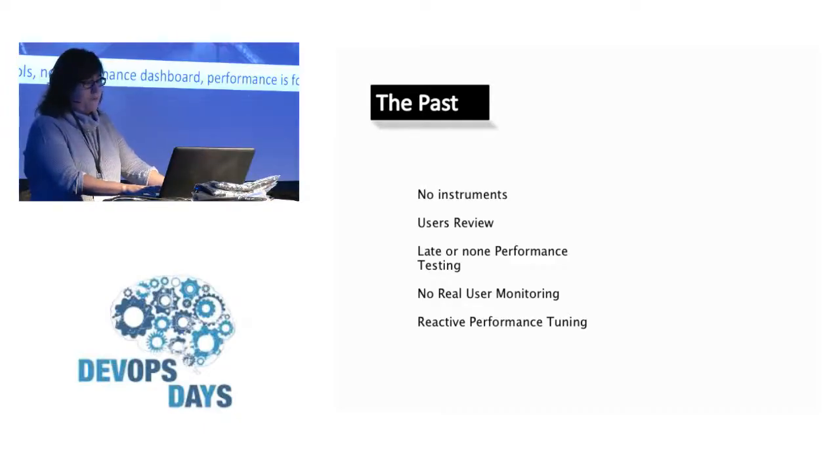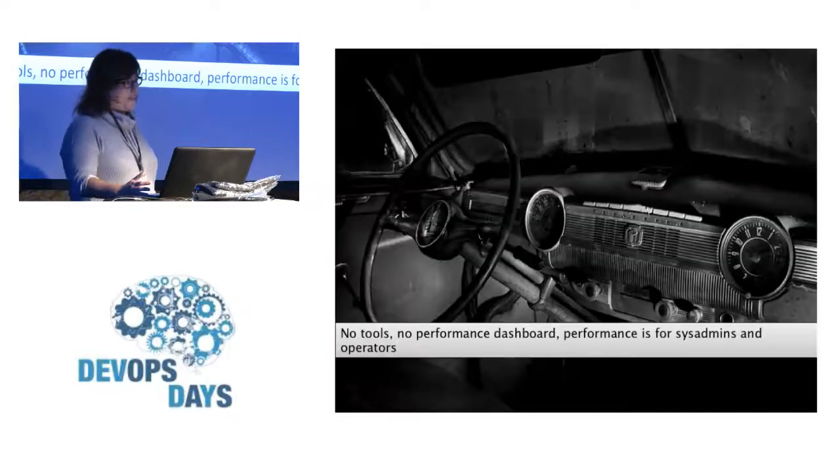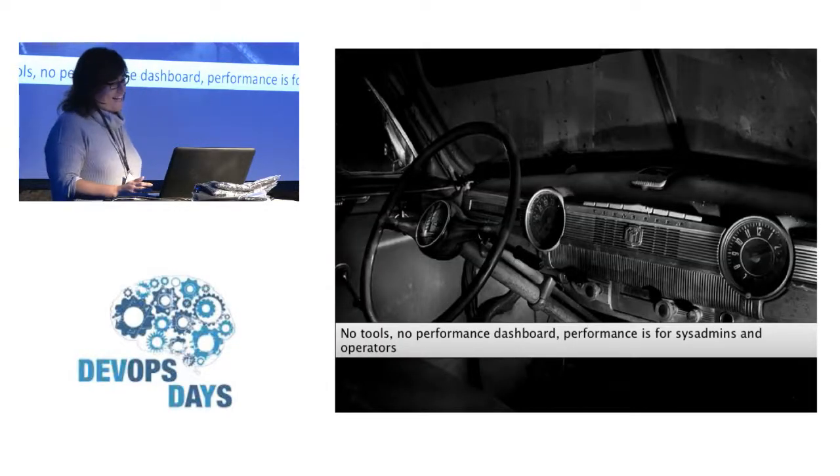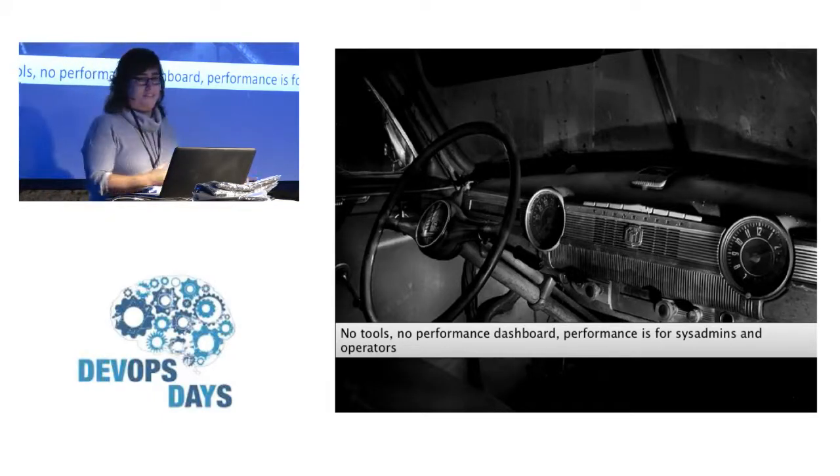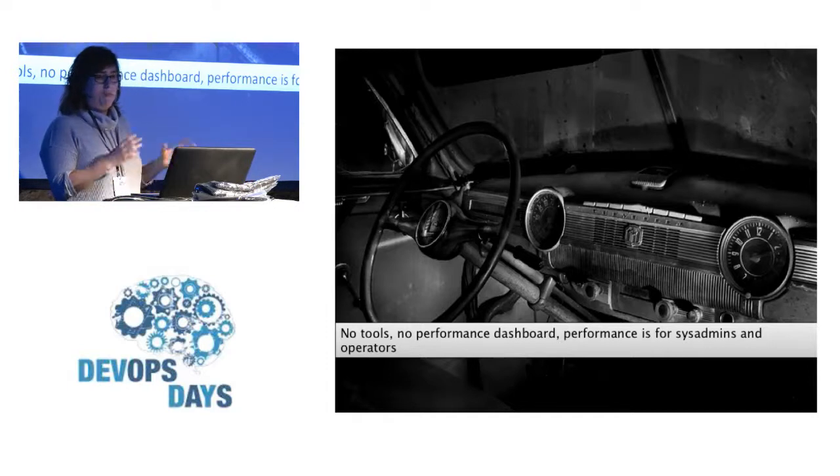So it's all dark, it's an old vehicle, right? It's reactive. We always, as performance testers, arrive when the platform or the systems have dropped, are down. When there's a crisis, it's always when the performance tester is required.